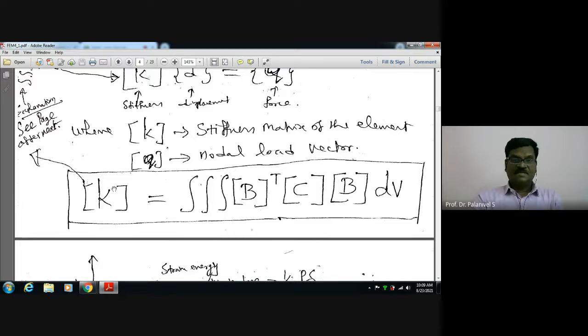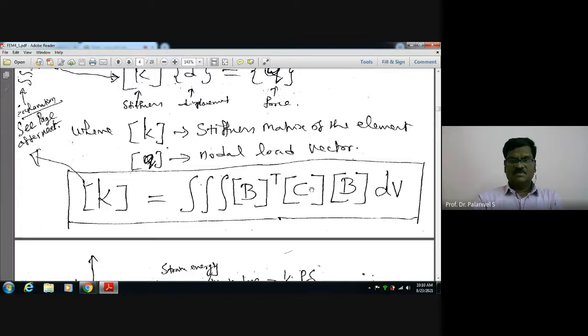This is for three-dimensional: k equals the triple integral of B transpose C B dV. For a two-dimensional element, dV becomes thickness into dA, and for a line element, area into dx. Volume is the cross-sectional area into dx.